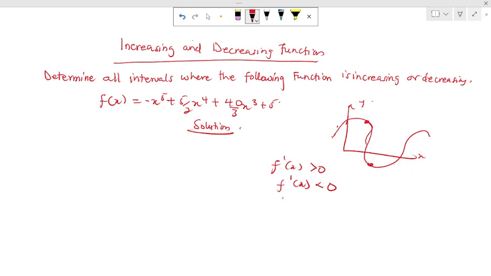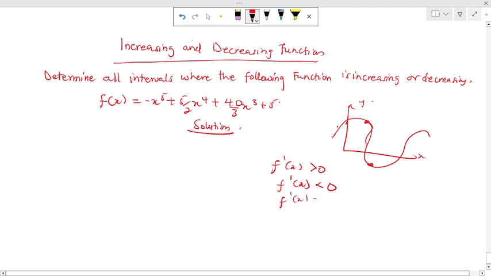But in the case where f prime of x is equal to 0, that is what we call a point of inflection, and it's also a critical point. So a function will have three parts. Let me draw one section of the function. This section from here to here will be increasing.